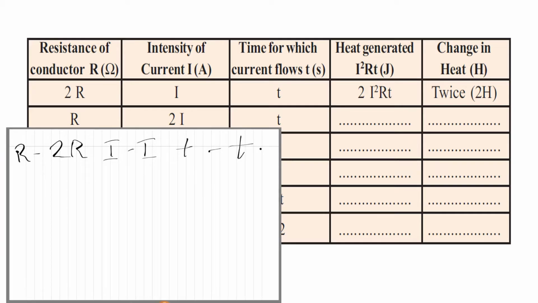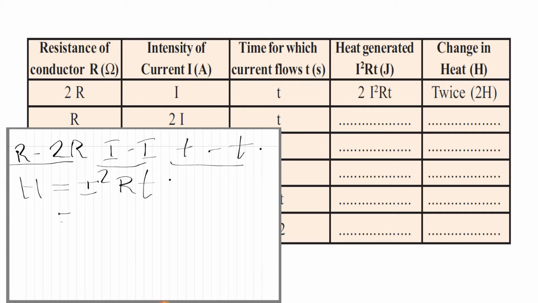From the given table, the first question: the resistance of the conductor R changes to 2R, the intensity of current is I ampere, and the time for which current flows is T seconds. What is the heat generated? We know from Joule's law, H is equal to I squared RT.